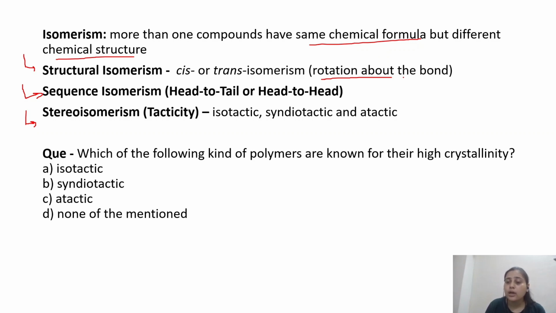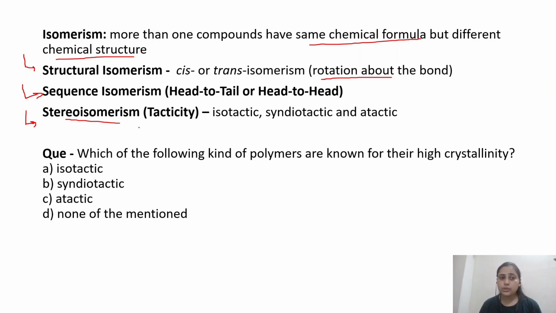If this changing of the structure forms two non-superimposable images, then it is geometrical isomerism or cis-trans isomerism. In stereoisomerism, also known as optical isomerism, there should be a chiral carbon atom so that it shows optical isomerism.